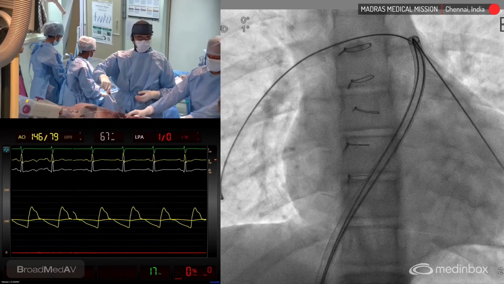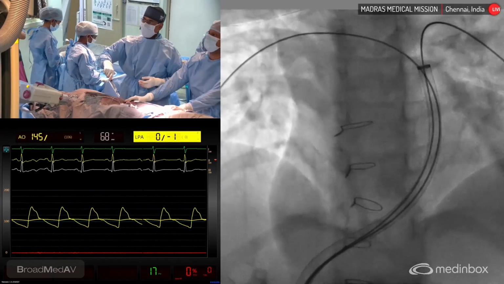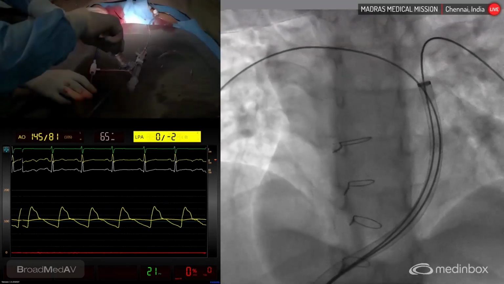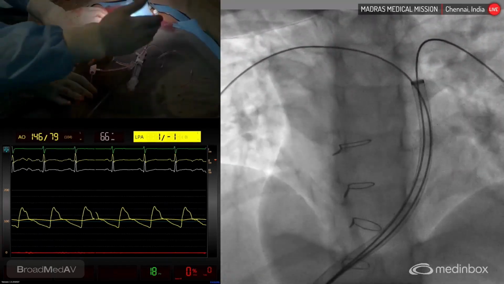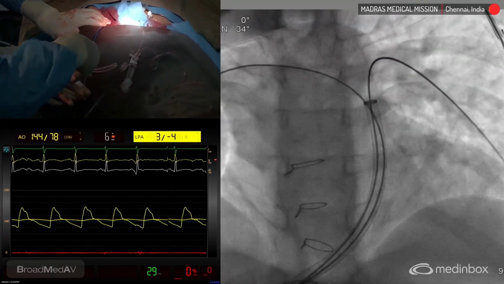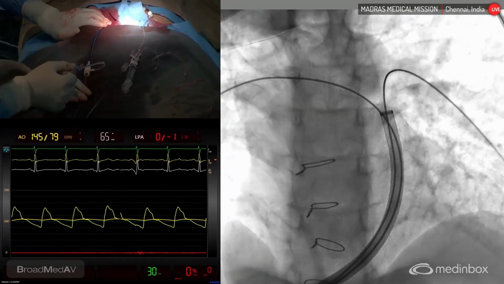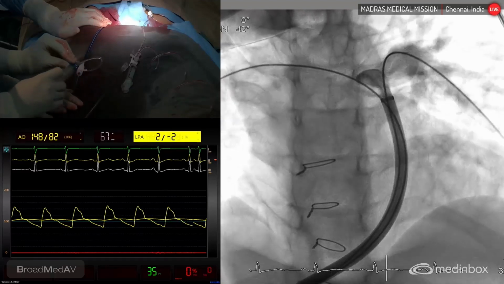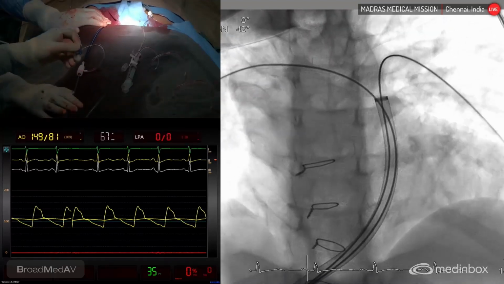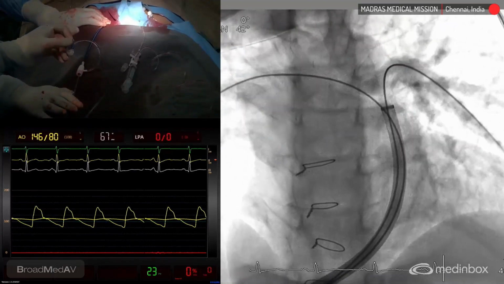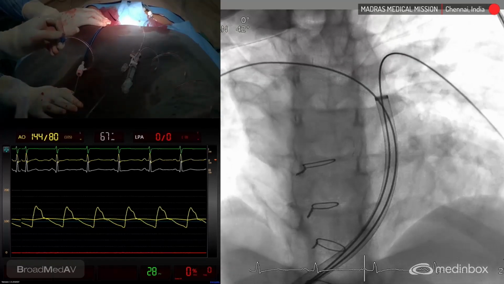Go back to that same view, cranial projection 42. We have to now see what is the relationship of the bifurcation. So we are almost at the bifurcation.